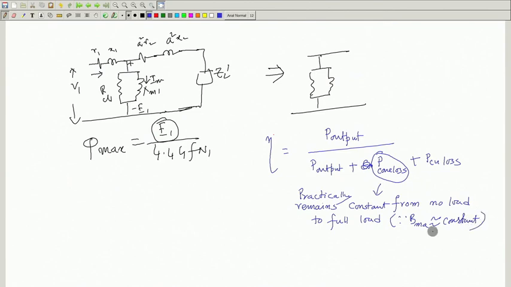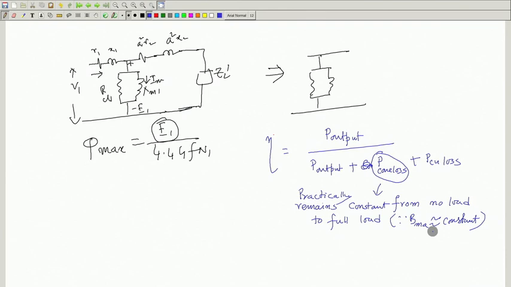Got the point. Therefore, here is a loss which will always be taking place within the transformer. If its primary is energized, no matter whether you have connected a load on the secondary side or not, P core will always be there. So, that is why the loss has two components.